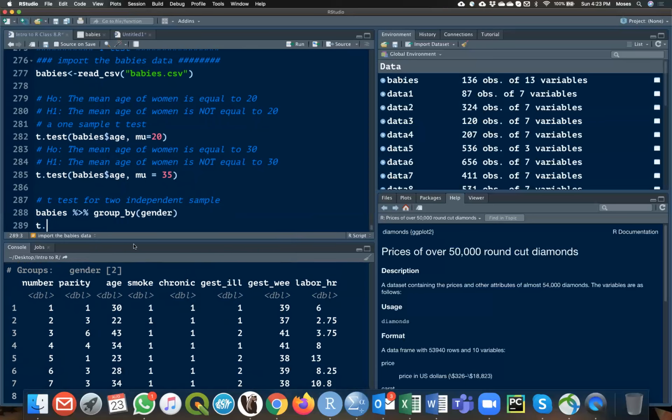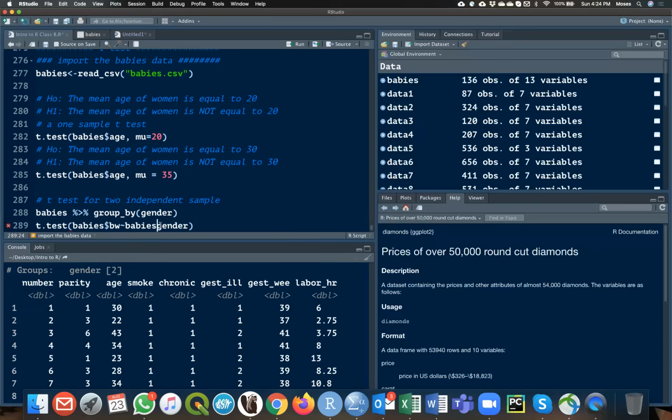Even if you don't group, it still gives you the same. Your data set is babies, and you are interested to check whether the birth weight differs by gender. So how do you do that?